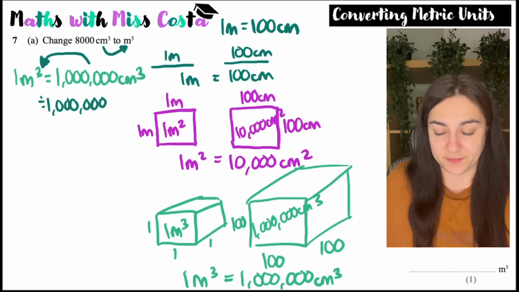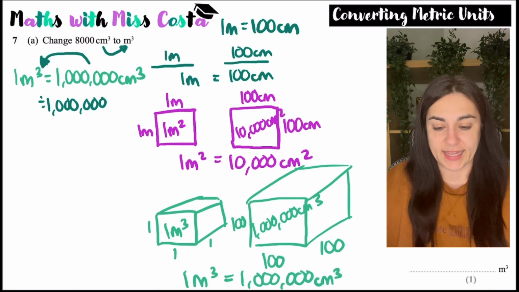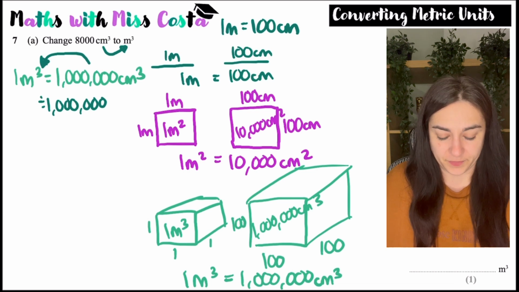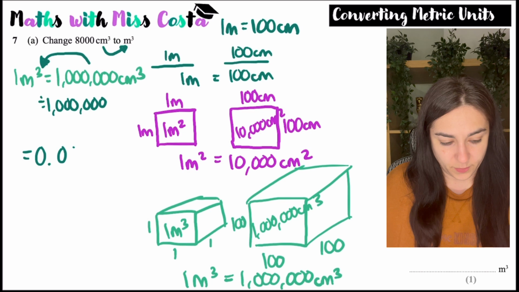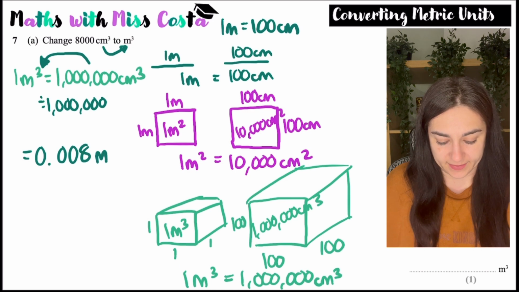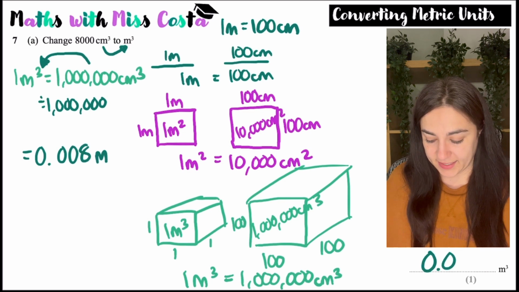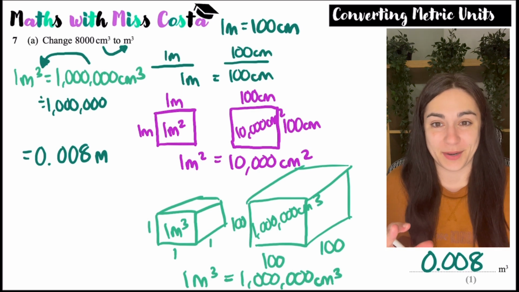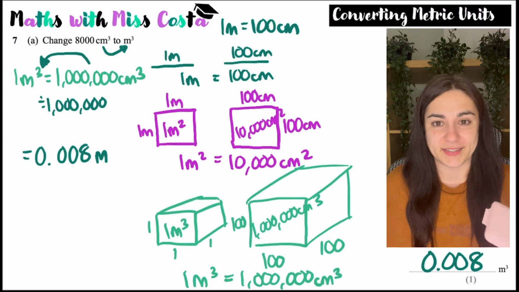So that's what I'm going to have to do to 8,000. So 8,000 divided by 1,000,000 is going to give me 0.008. So that is how I would do that question. So take real care whenever you're dealing with centimeters squared to meters squared and centimeters cubed to meters cubed.